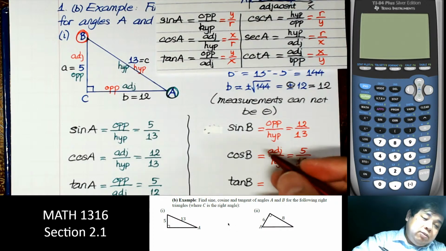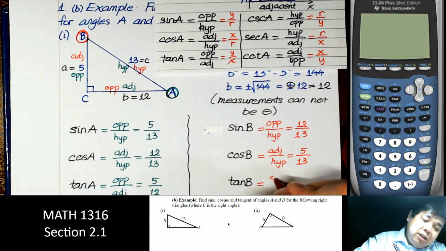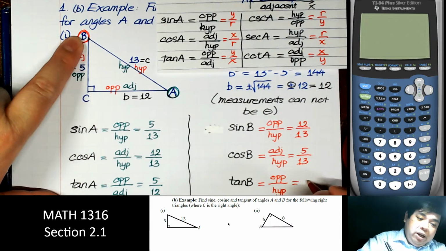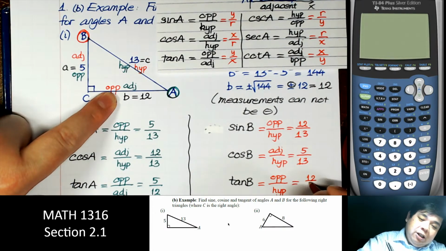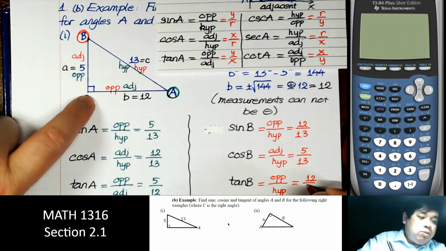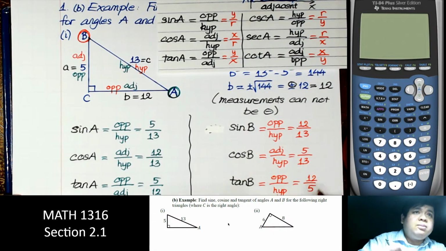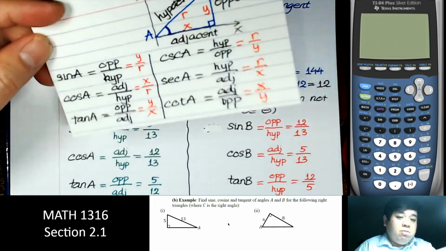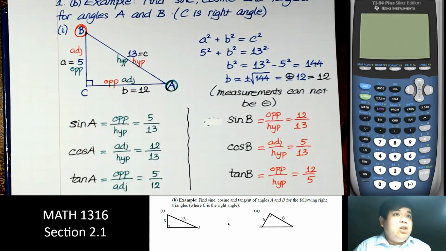And tangent is opposite over adjacent. Opposite with respect to angle B is 12, adjacent is 5. So pretty straightforward. Just make sure that the adjacent and opposite are with respect to an angle.